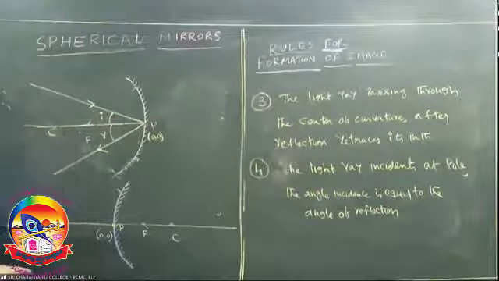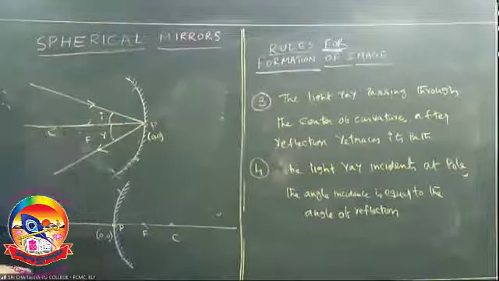Now see the triangle. What triangle? CAF. What are the interior angles? Theta and theta. What is this angle? Exterior angle.